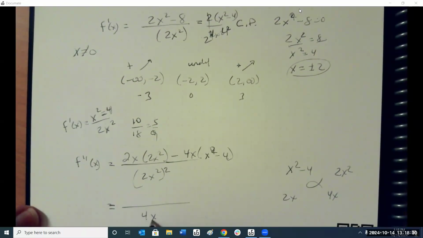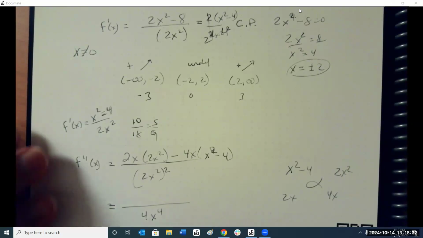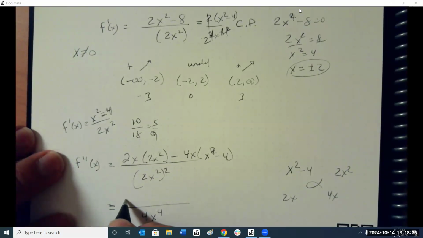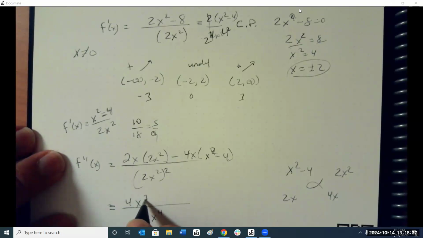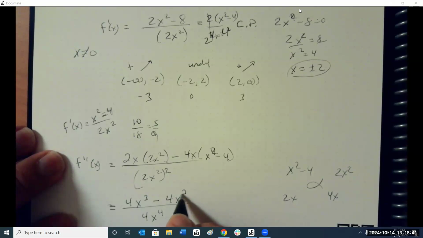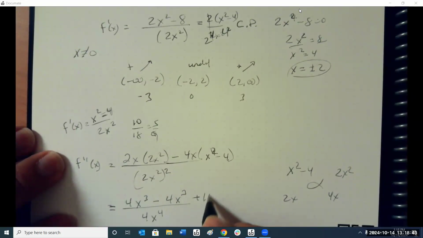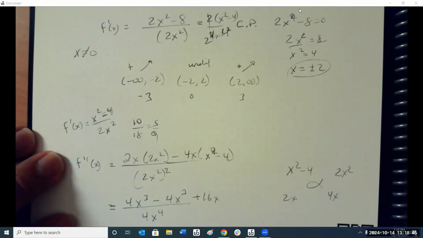This is 4x cubed minus 4x cubed plus 16x. These cancel. 16x over 4x to the fourth.